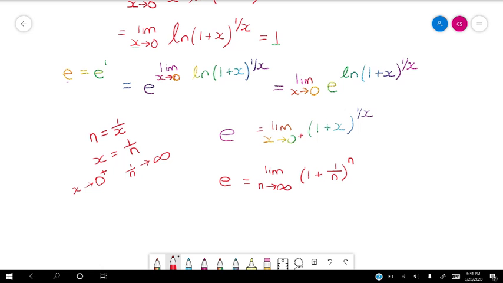All right, so we just made a couple substitutions right there. And that's exactly what we were trying to show. All right, so we were able to prove that using some of our logarithm rules. And that is that from this ginormous section.